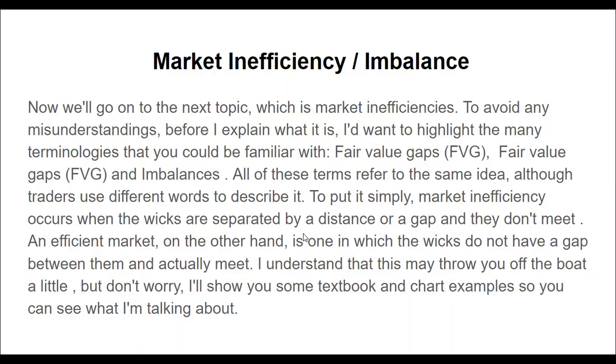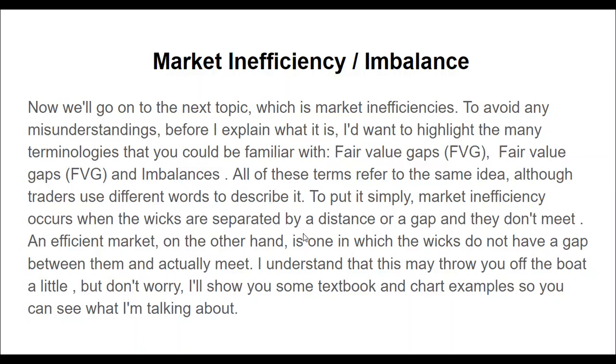To put it simply, market inefficiency occurs when the wicks are separated by a distance or a gap and they don't meet. When there's a distance between the wicks of the candles, don't worry, I will explain. You will see everything as it is in the market, and also in textbook form, in picture format.